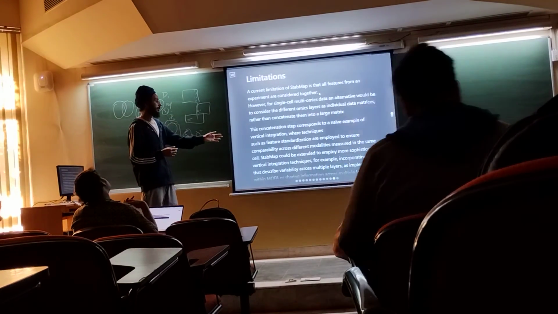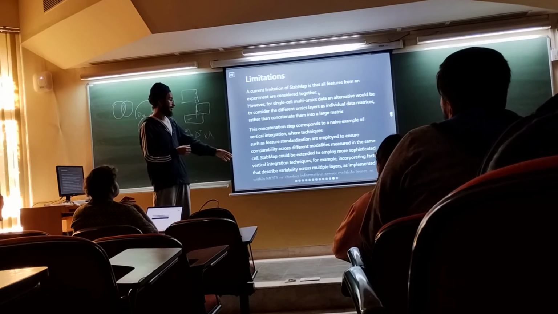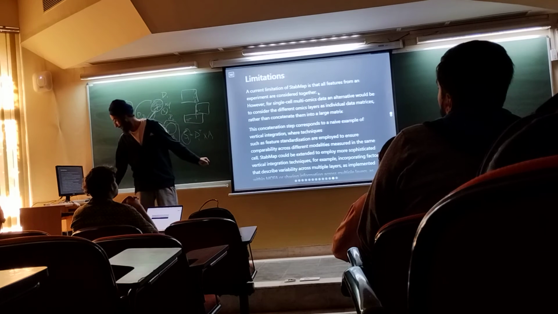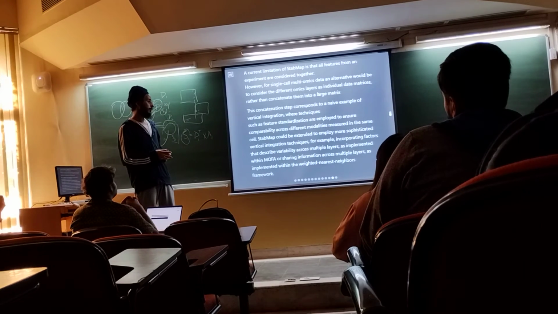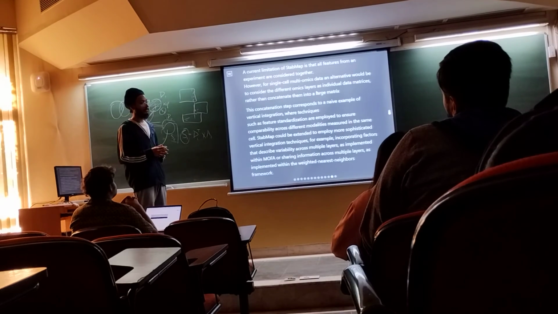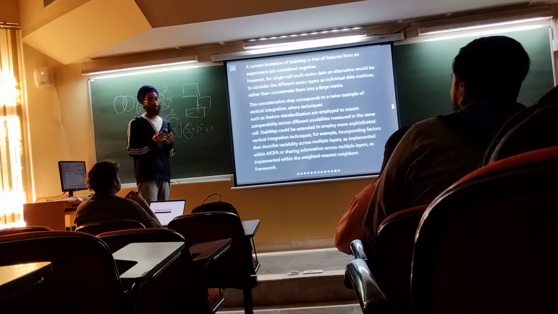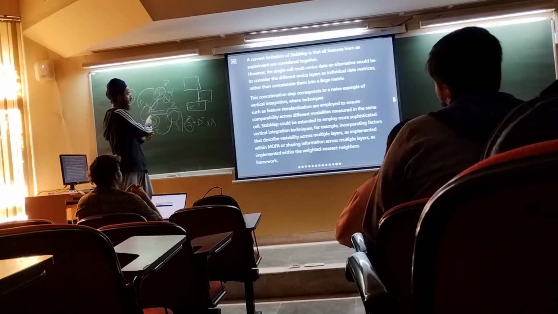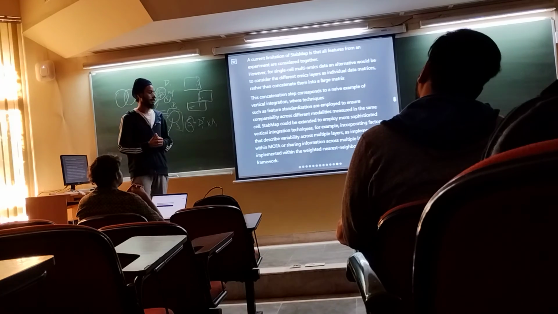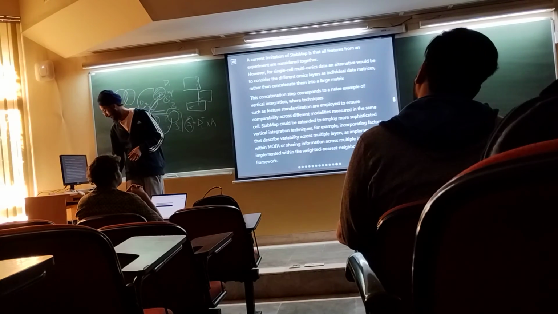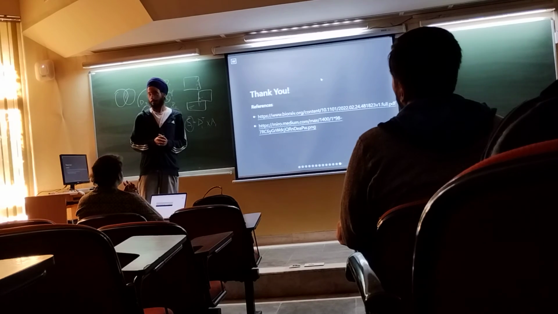So it suggests other techniques such as feature standardization, and it mentions the vertical integration methods used in some other papers, like MOFA or sharing information across multiple layers, and these could have given much better results in integrating the features which you have collected from different nodes. So this is one thing the paper suggests, and with this I come to the end of my presentation of StabMap. Thank you.